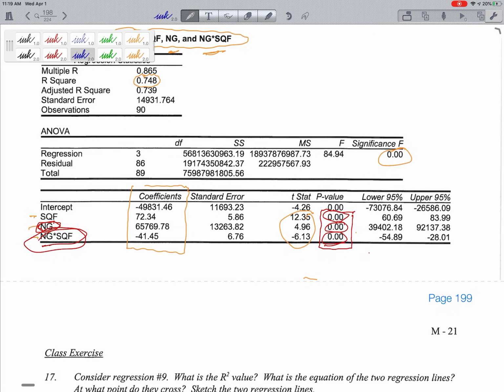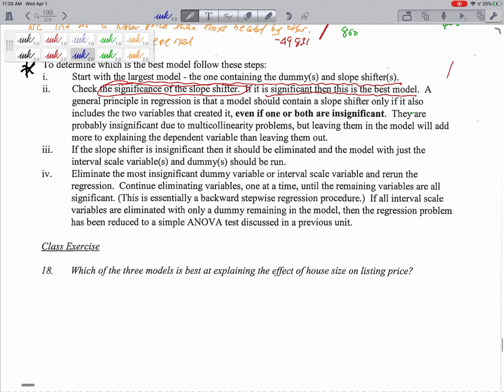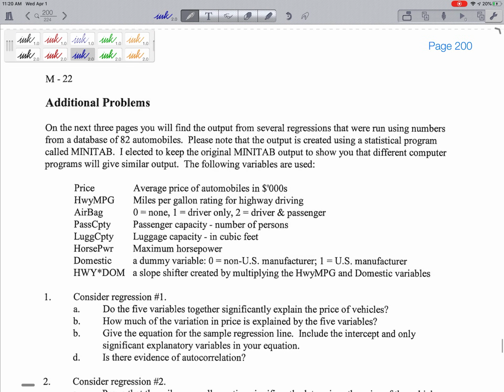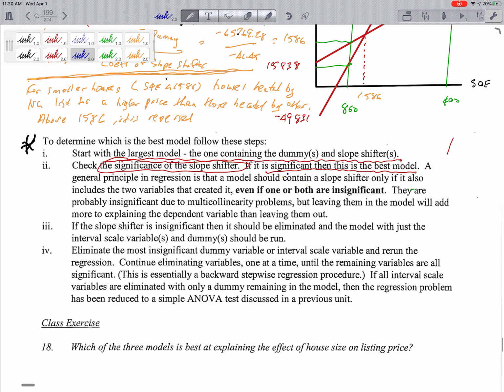But the way that you start is just by looking at the p-value for the slope shifter. And if it's significant, you stop there. Okay, so check the significance. If it's significant, then this is the best model, even if one or both of the other variables are insignificant, and that's because of multicollinearity. But we would still say that that is the best model.